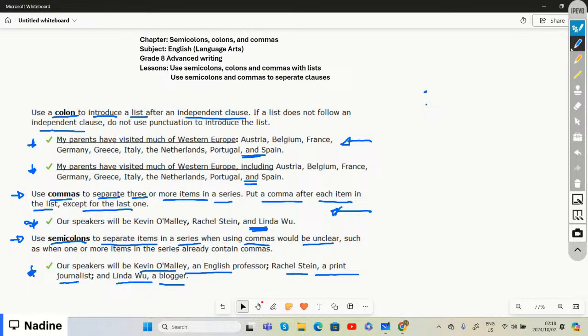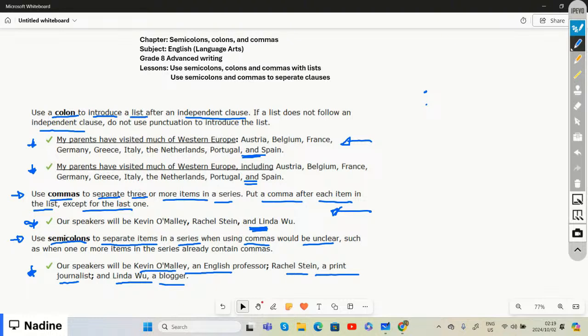For example, I love apples, pears, bananas, and strawberries. The "and" tells you this is the last one, period. That is how we use commas.